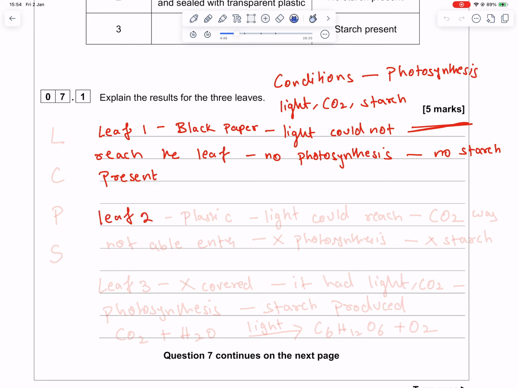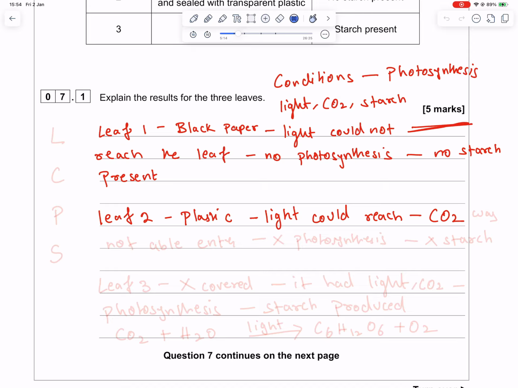Similar to leaf 1 is leaf 2. Now remember, this was covered and sealed with plastic. Because this was transparent plastic, light could reach the leaf, but the carbon dioxide was unable to enter.